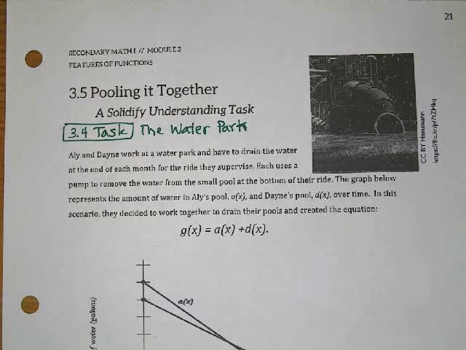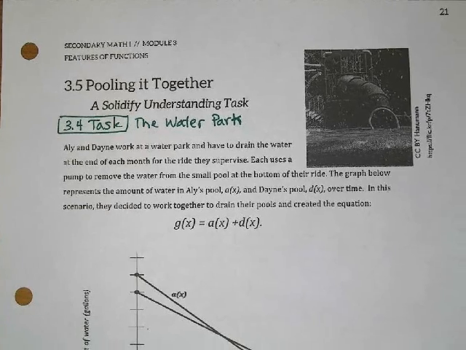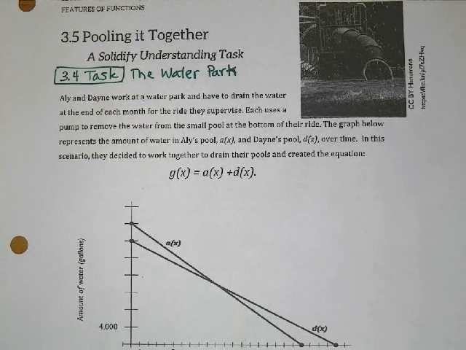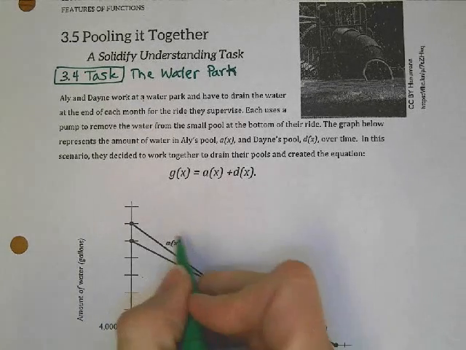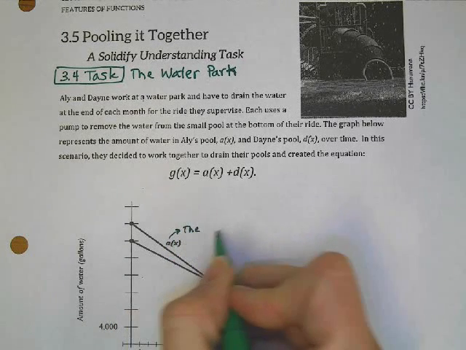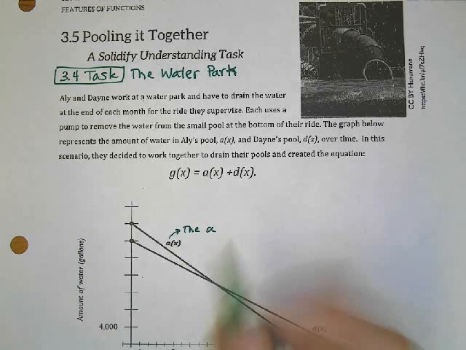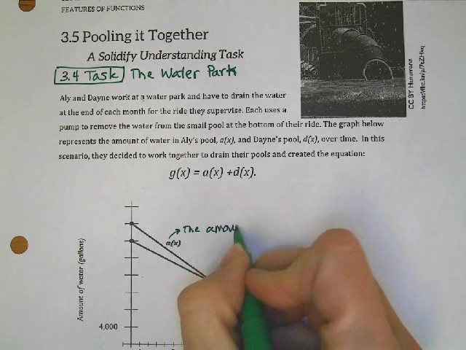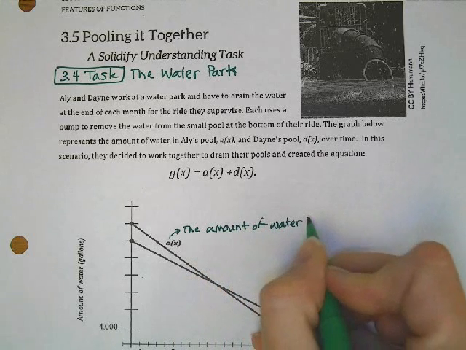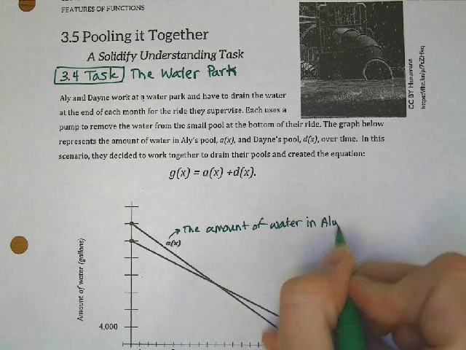All right, so as we're going through this, one of the things that we talked about in second period, that I should have probably had you guys do first period, so I apologize for not thinking of that in advance. But as we looked at the 3.4 task, remember A of X, you guys said, represented the amount of water in Allie's pool at any given time.